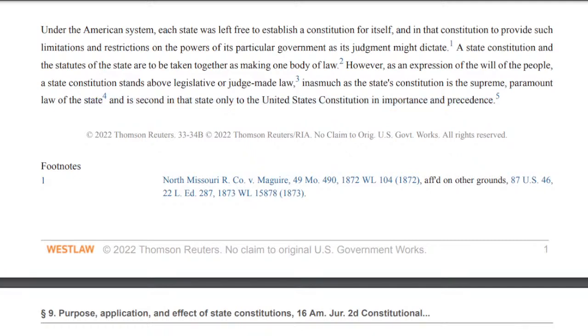So the Constitution of the United States is always going to be more important and have precedence over a state constitution. So again, even state constitutions are an expression of the will of the people, not citizens, persons, public. It says the people. So let's continue here.